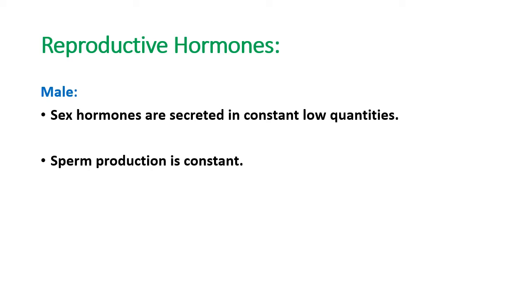So, male sex hormones. One of the major differences that we find between males and females in terms of their hormone levels as well as their production is that, in the male, everything is constant. We have a relatively constant dribble of sex hormones. Testosterone is being constantly released at a relatively constant level.